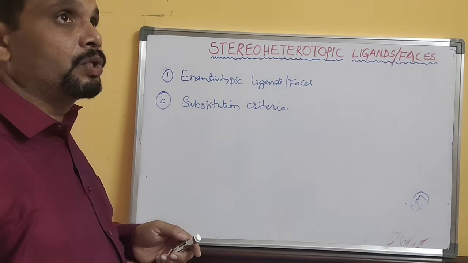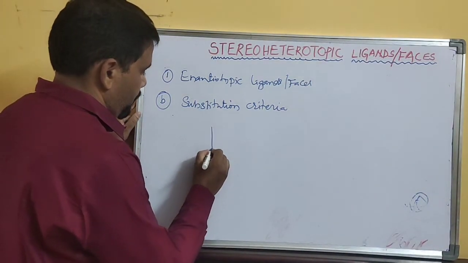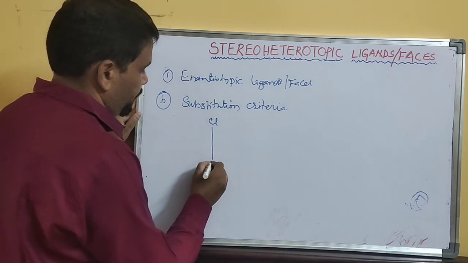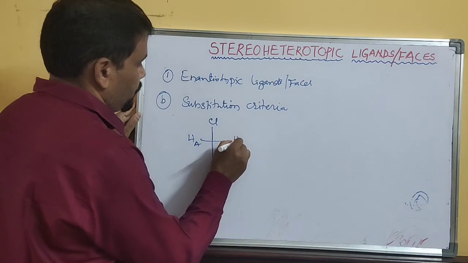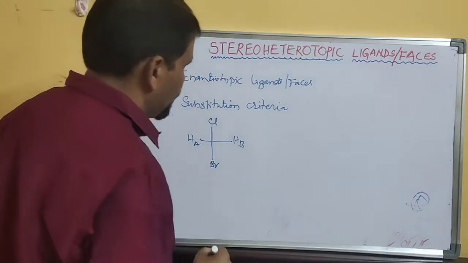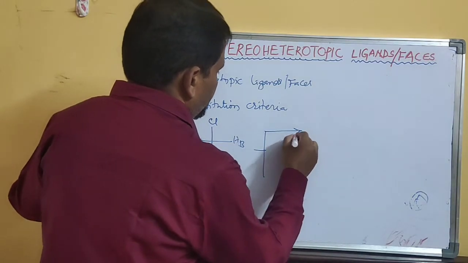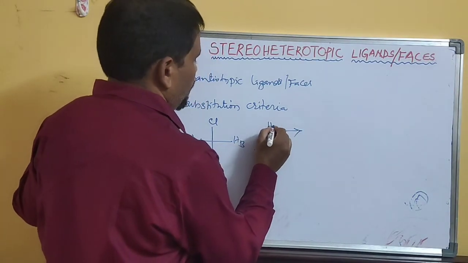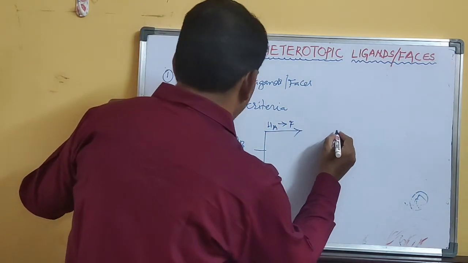Okay, so Cl and Br, Ha and Hb. Hypothetically you can substitute Ha with fluorine, then what do you get?